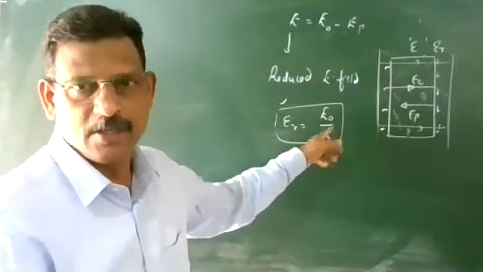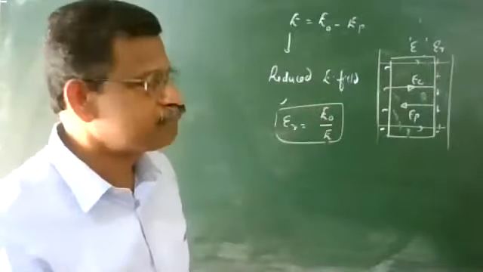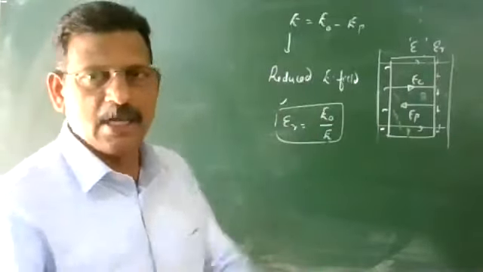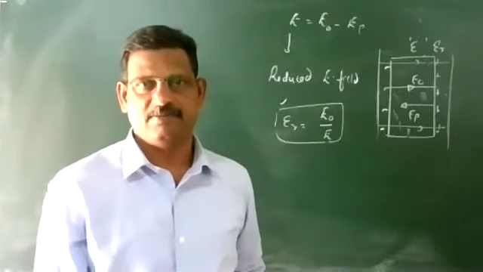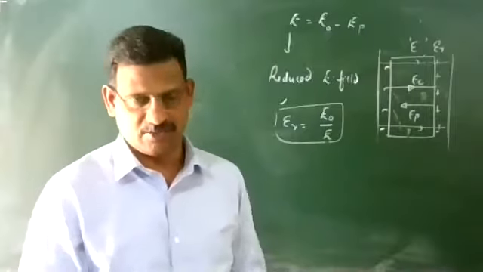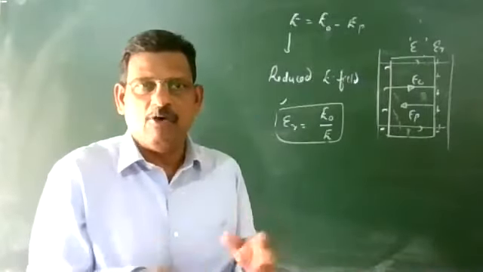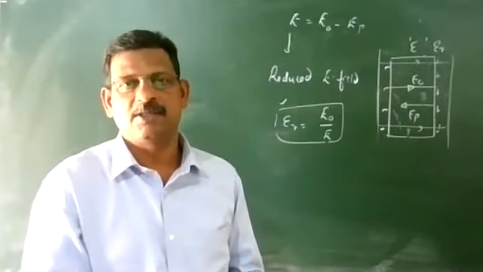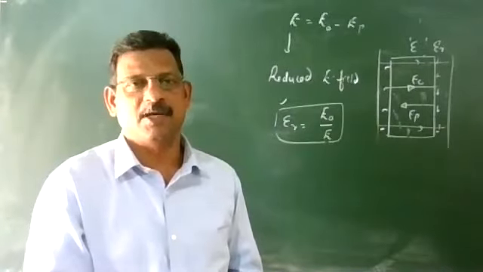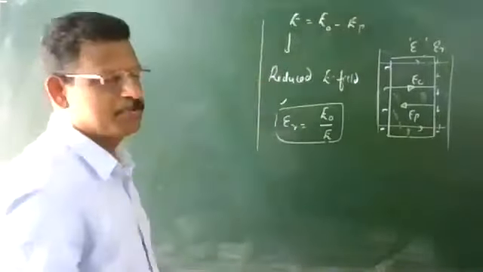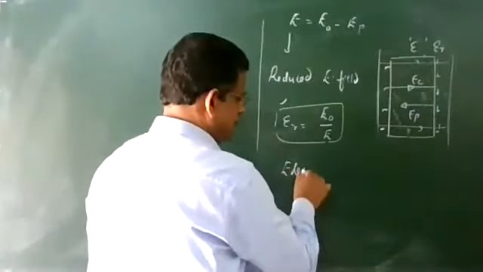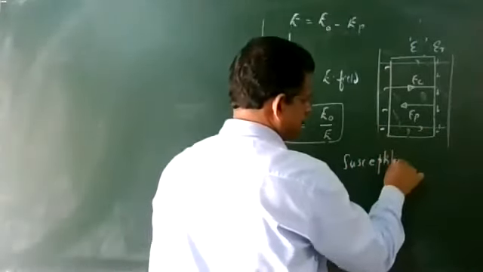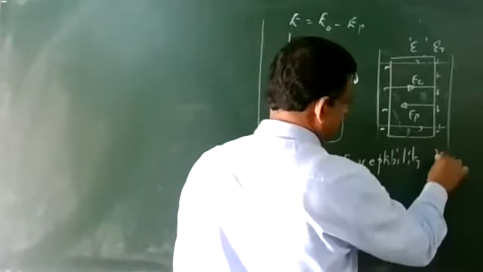Next important thing: when you place a non-polar dielectric in an external field, we see that it is polarized. How fast is it polarized? Some are very reluctant. For that, we introduce a term called electric susceptibility, represented by chi.